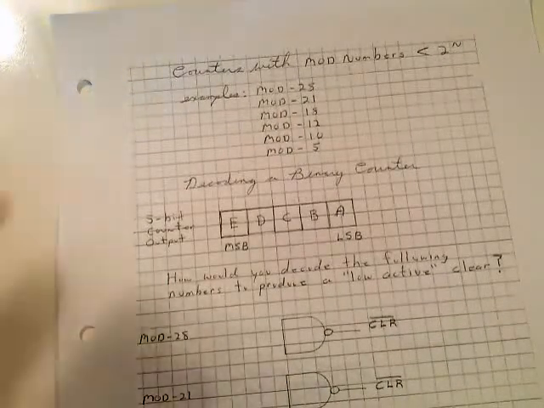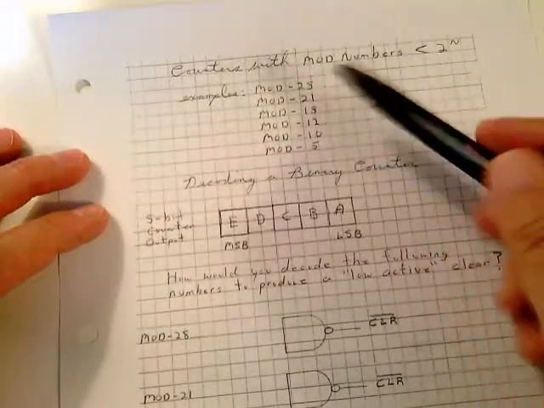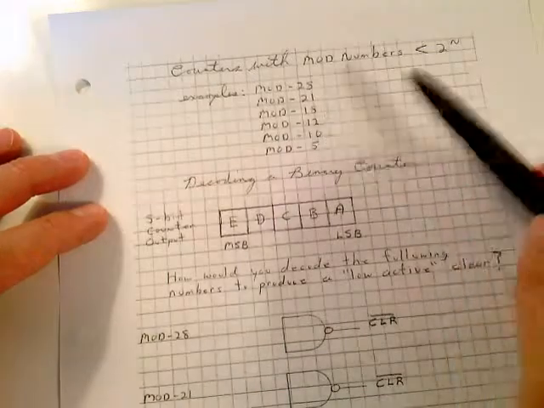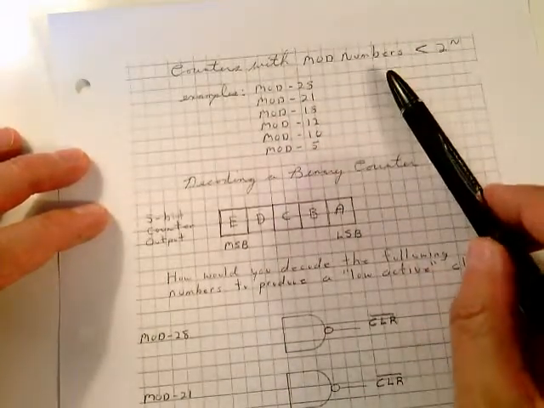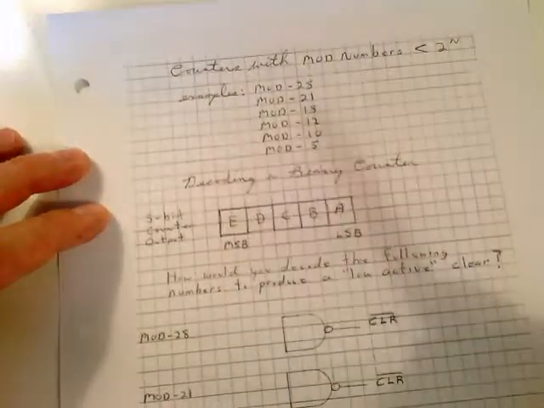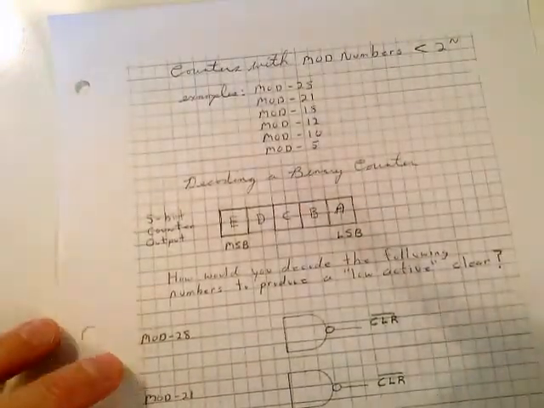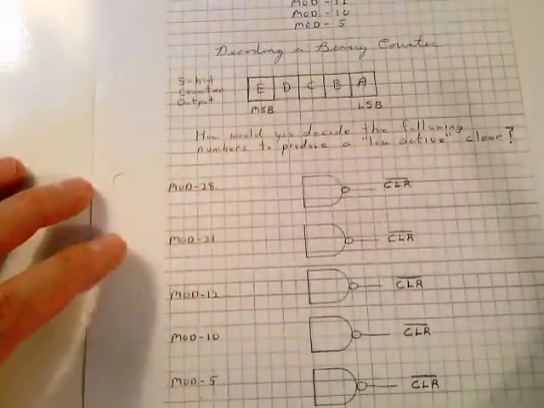But what if you need a mod 28, or you need a mod 21, or you need a mod 18, or even a mod 60, for instance, or a mod 12, a mod 10, or a mod 5? These fall into the category of mod numbers less than 2 to the n. You have to decode those. And you already know how to do this, but I want to make sure it's crystal clear you know how to do it.